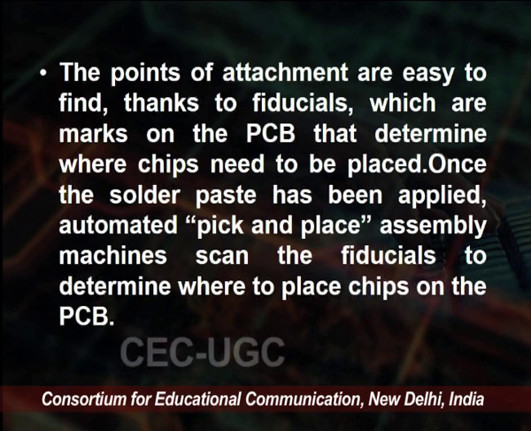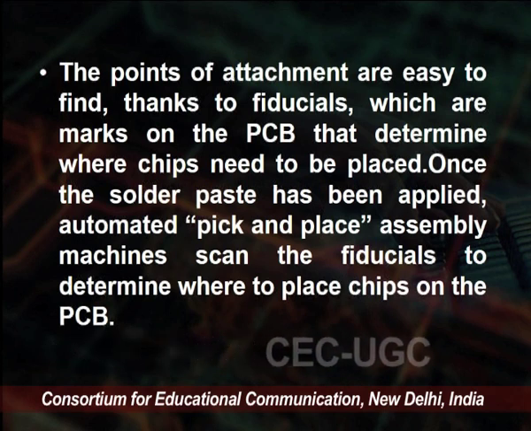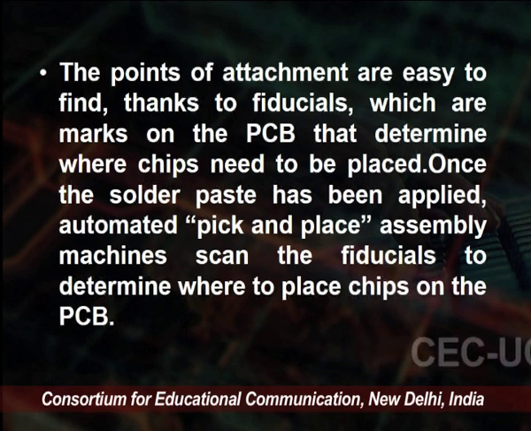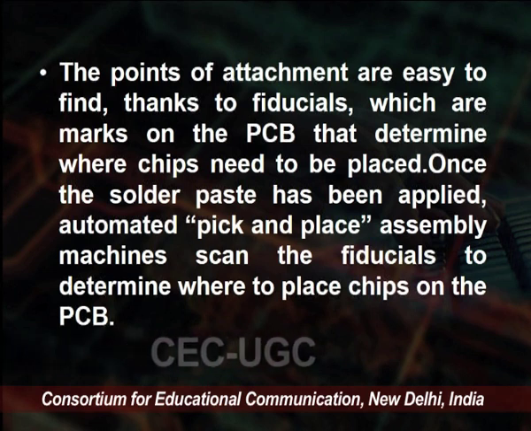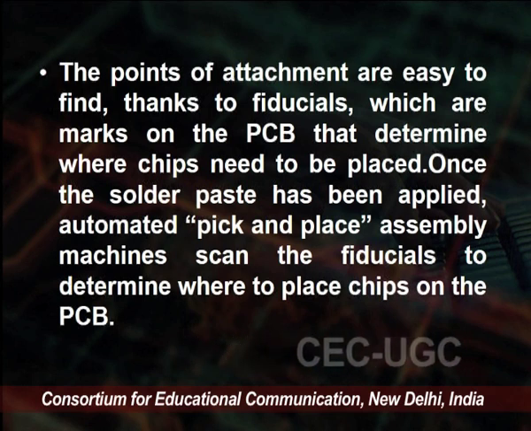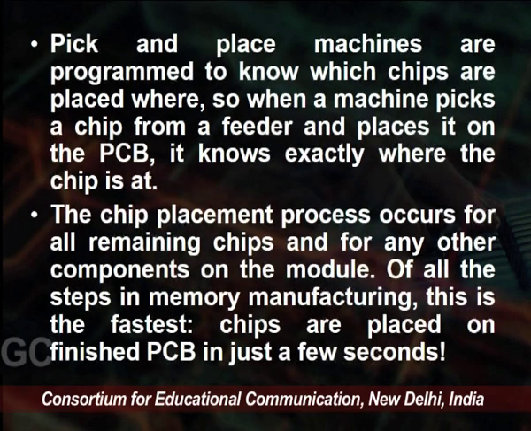Once the solder paste has been applied, automated pick and place assembly machines can scan the fiducials to determine where to place the chip on the PCB. Pick and place machines are programmable to know where the chips are placed; the machine picks the chip from a feeder and places it on the PCB.